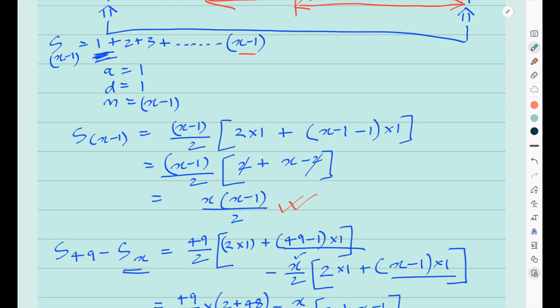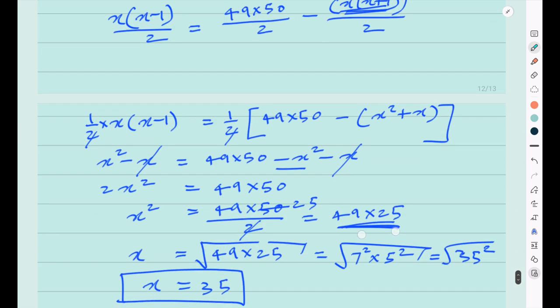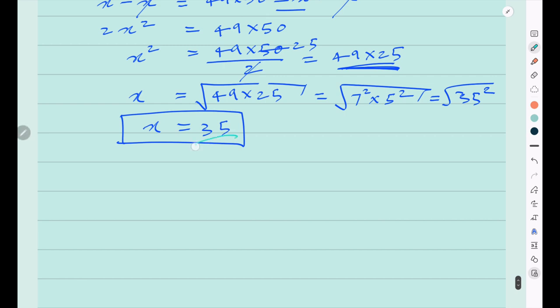So that is the solution of the question. This is a very different kind of question, but with some patience and a way of attempting the question, it is not so difficult.